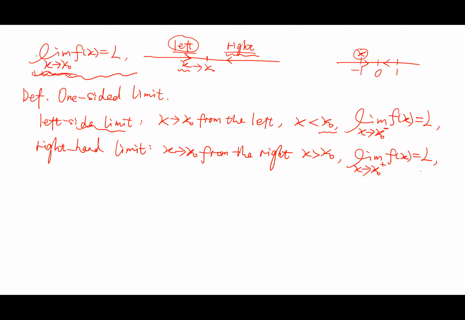So here are the definitions of the left side limit and right side limit, or we can call them the left hand limit and right hand limit. Both are okay. And here I will give you a theorem. We use this theorem to check if the limit of f of x as x approaches x0 exists.